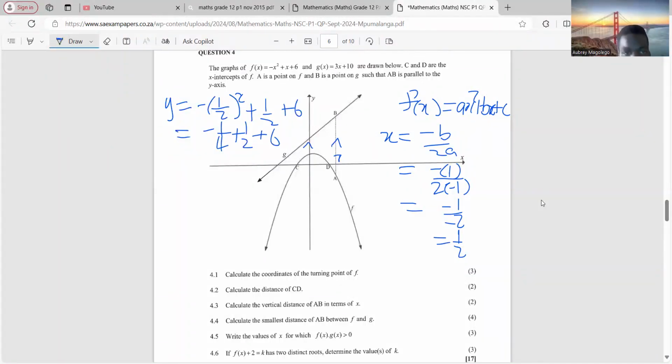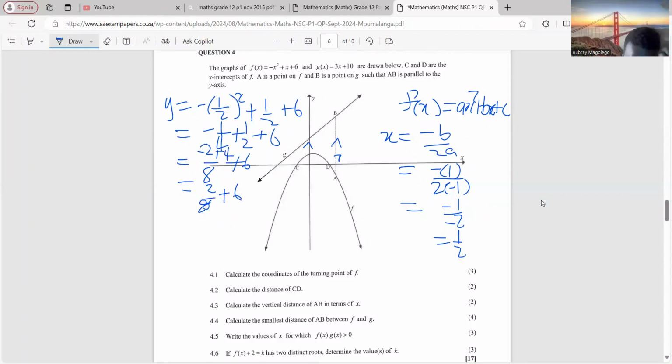But let us just solve it. We have the common denominator as 8. Then we have negative 2 plus 4 plus 6. Negative 2 plus 4 is 2 over 8, plus 6.